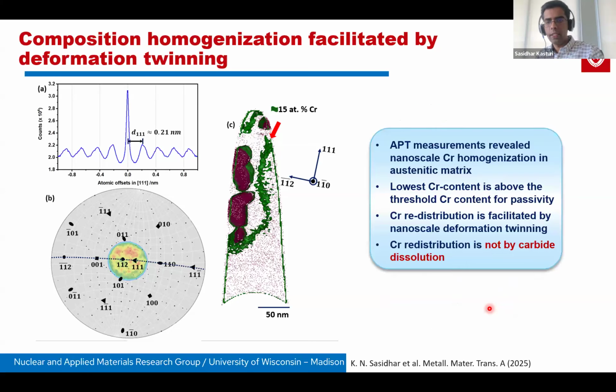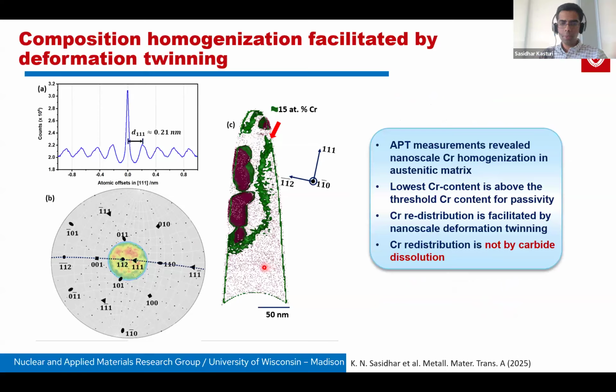So the summary of our observations is that the atom probe measurements reveal a nanoscale chromium content homogenization within the austenite matrix. It's not that the chromium is coming from the precipitate into the matrix, but the homogenization is taking place within the matrix. And the lowest chromium content is above the threshold chromium content required for passivity, which is primarily restoring their corrosion resistance.